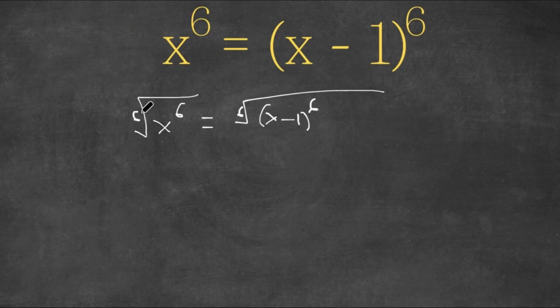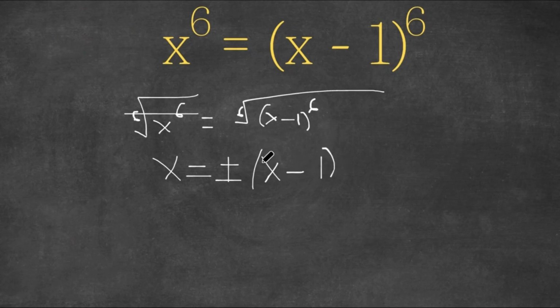And these two actually cancel out, because they are opposites. Remember, opposites cancel out. So this is simply going to result in x equals, and these two cancel out as well, so we're just left with plus or minus x minus 1.